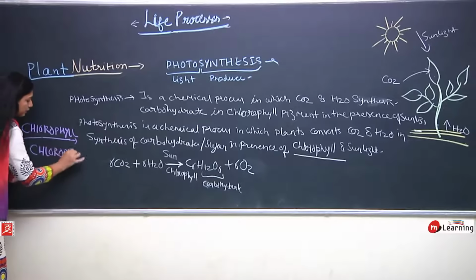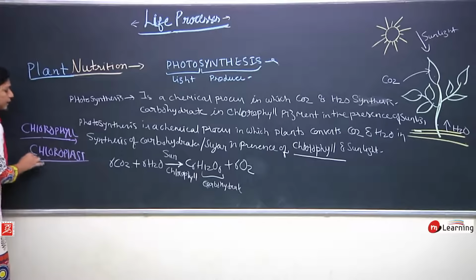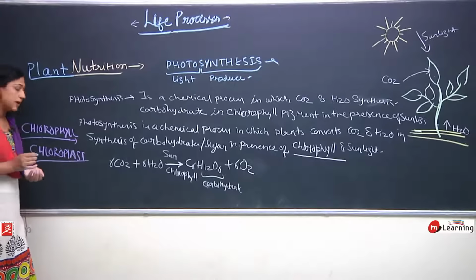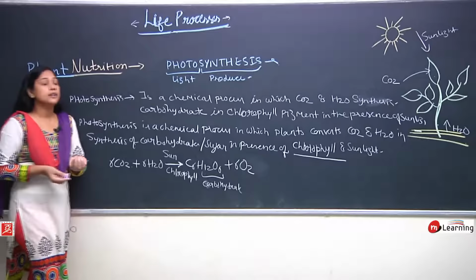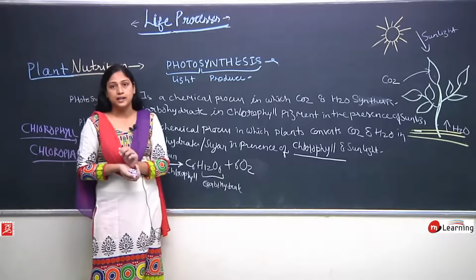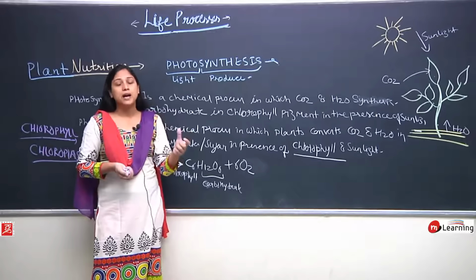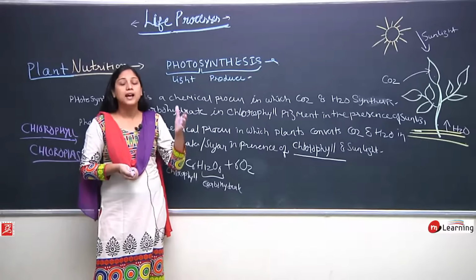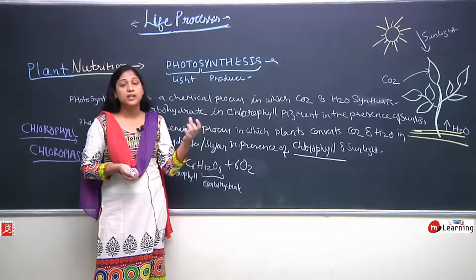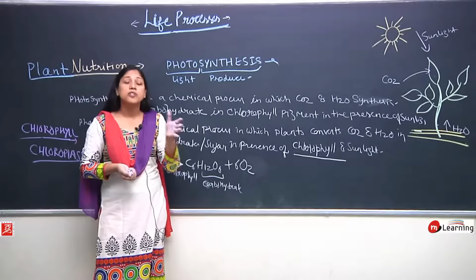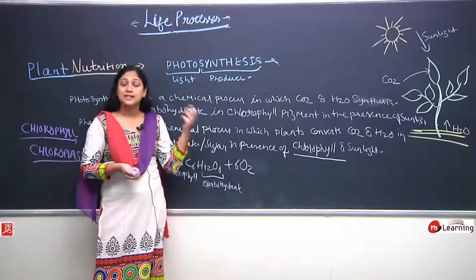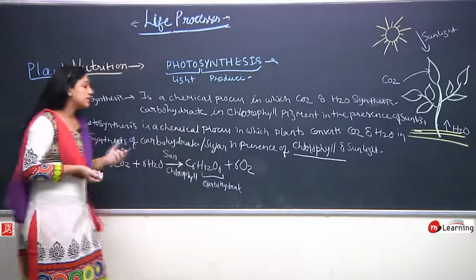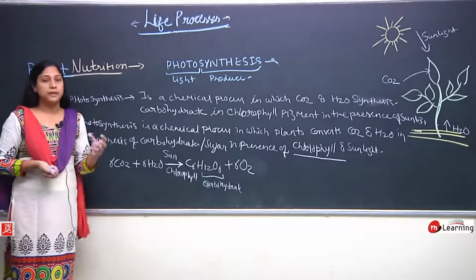This chloroplast is in the mesophyll layer of the green part of the plant, and in that layer each cell has around 50 to 60 chloroplasts, which have chlorophyll pigment.